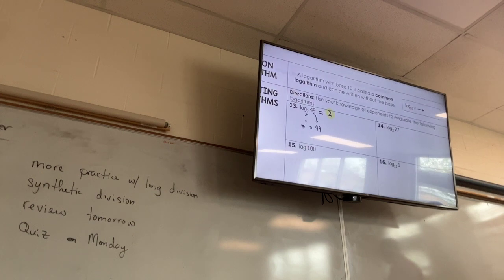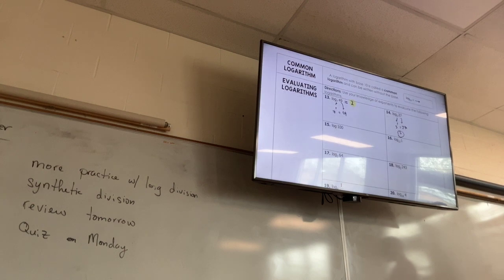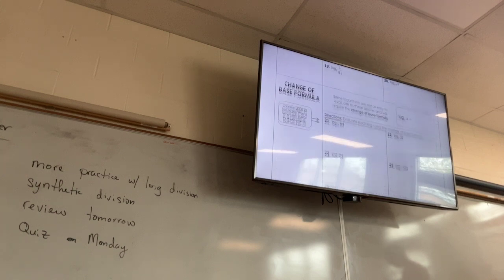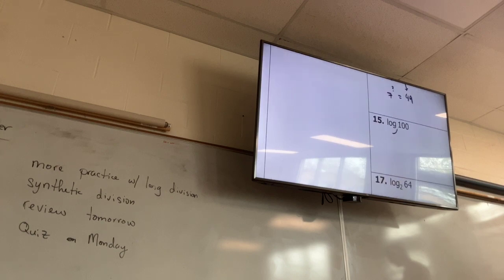Okay. 3, right? 3 to the what gives me 27. 3. Okay. One thing to note. Do I have natural logs here? Okay. If there's a blank log symbol, if there's no small number next to log, I want you to write in 10.